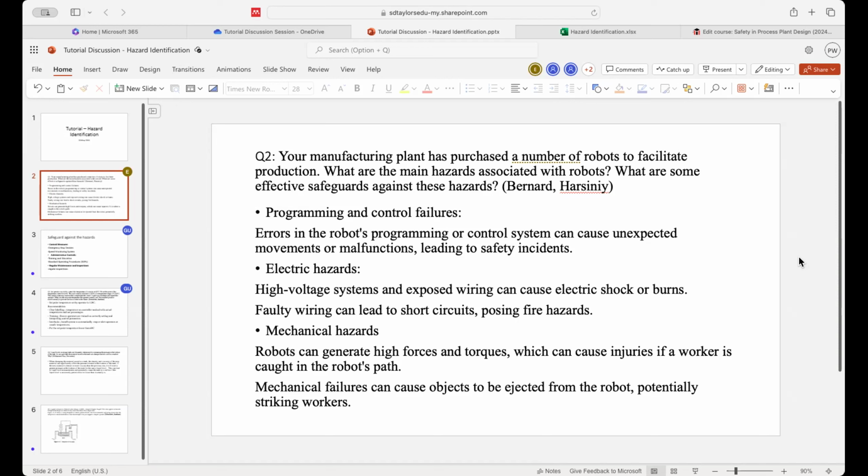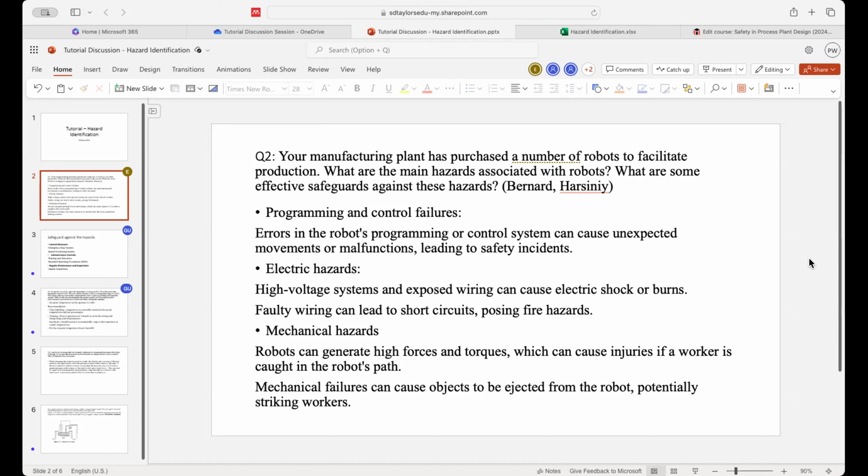Then the third one is the mechanical hazards. Robots are made of steel, so they generate high forces or torque, which can cause injuries if a worker is caught in the robot's path, because these paths are already programmed. If you didn't notice that the robot is moving, it will probably injure you.